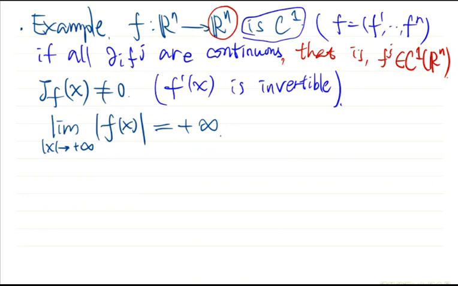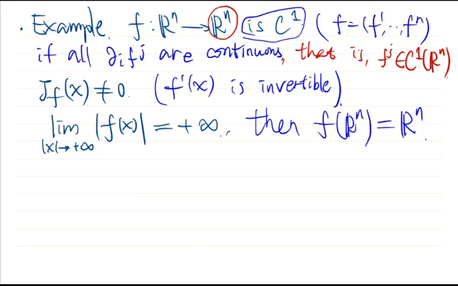The first is that F is C1. The second is that the Jacobian is not zero everywhere. The third is that the limit, as stated here, is positive infinity. The result is that the image of Rn is Rn itself. This means F is surjective.